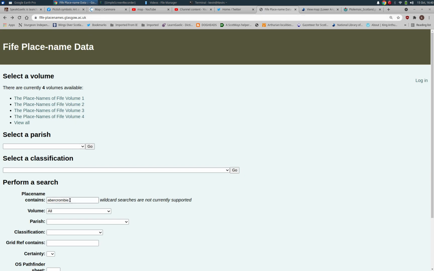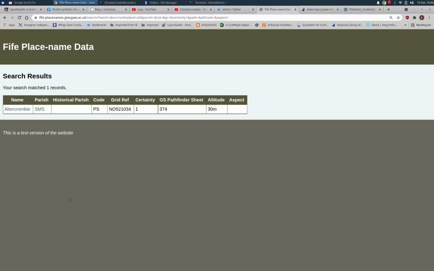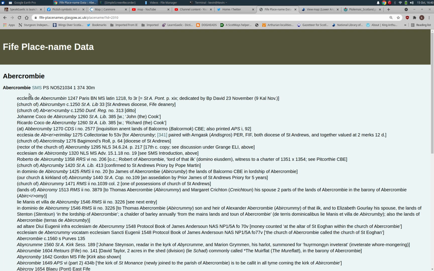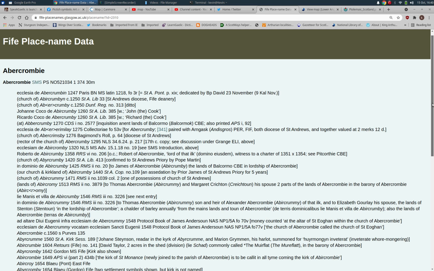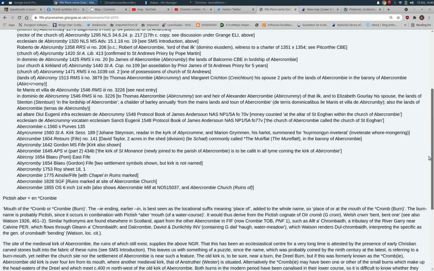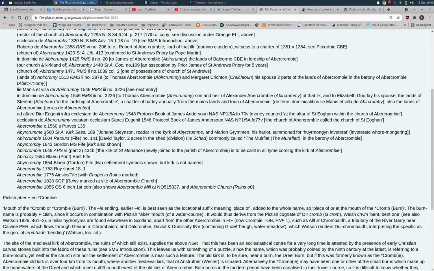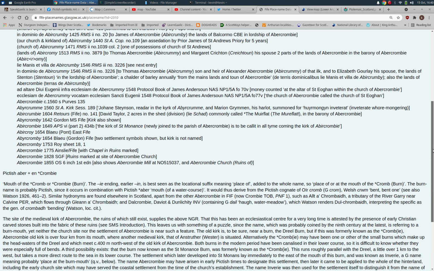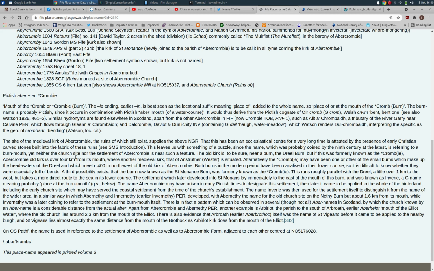If we type in the place name of anywhere in Fife, I've put in Abercrombie here, what you actually see here is somebody's gone through and they've taken out the spelling and the name Abercrombie from the earliest records that we have, all of the information concerning the place name, including how it's spelt on various maps, right up until 1855, and then afterwards it's got a blurb about potential meanings of what this name means.